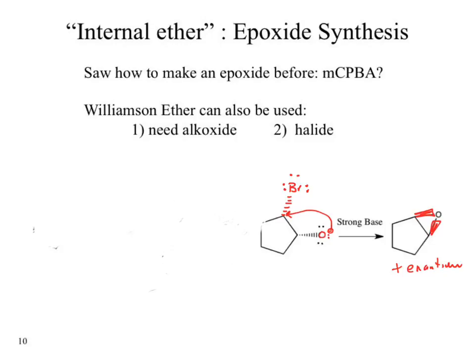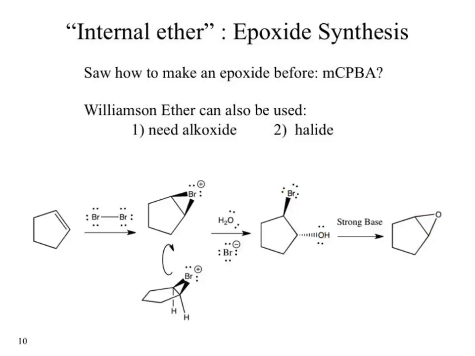Where's the backside of that bromine bond? The other side. Can I do this elimination? No. So to do the epoxide according to this synthesis, we have to have the trans alignment of our leaving group and our oxygen. If they are not trans, we don't get the result. An important note to make when you do it. Questions?